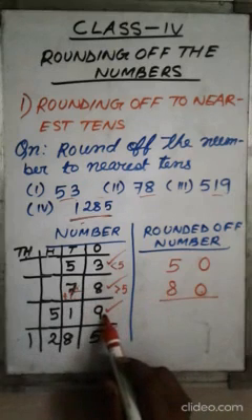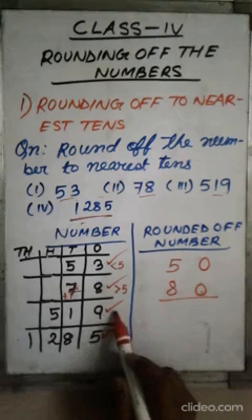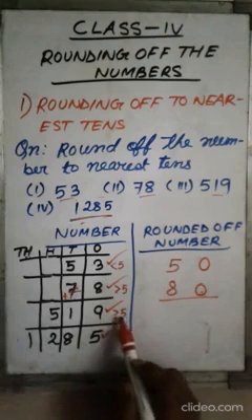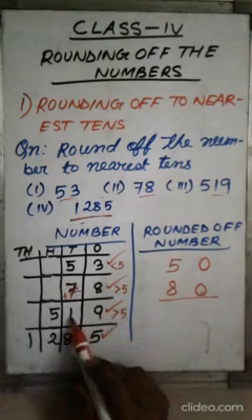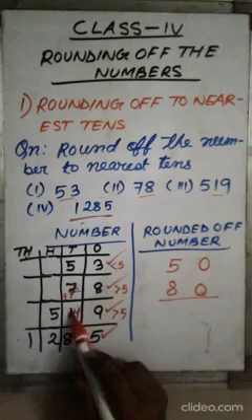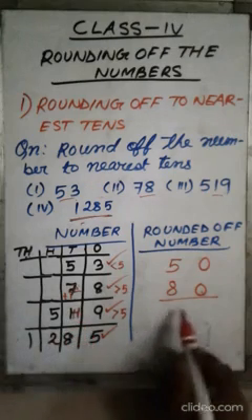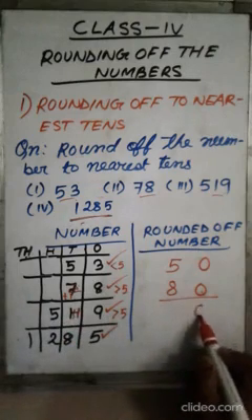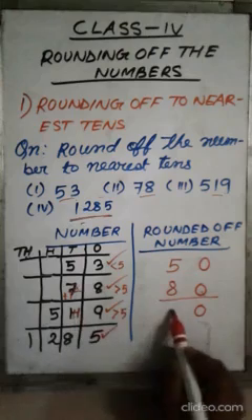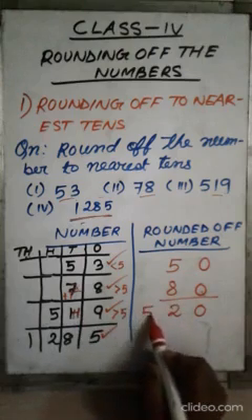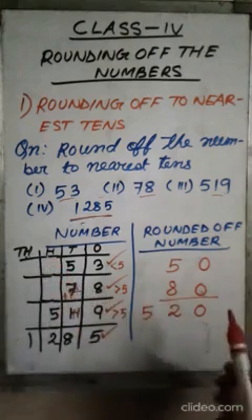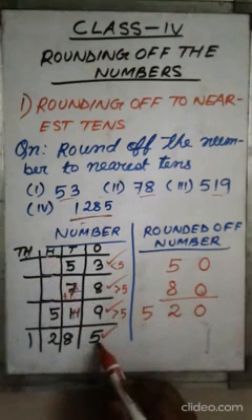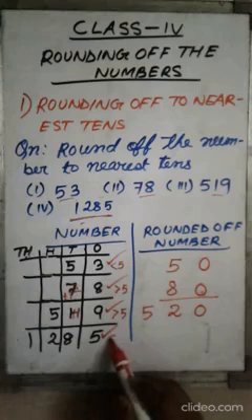Here also you can see this 9 is greater than 5. This tens place will be added to 1. So my number will be 0, 1 plus 1, 2. And the hundreds place will remain the same. For this 5, it is equal to 5.